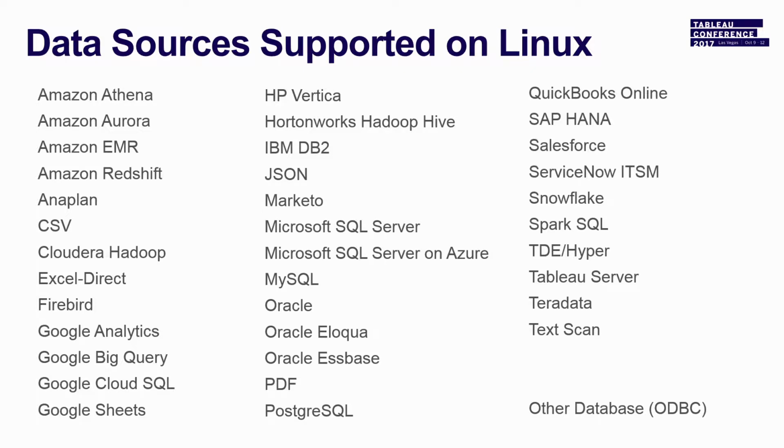We support all the cloud-based ones, including Google BigQuery and applications like Salesforce and ServiceNow. We support one cube, Oracle Essbase, and one JDBC, Amazon Athena. And more importantly, we support a lot of relational databases through ODBC drivers, like Microsoft SQL Server and Postgres. We will be focusing on such connectors in today's talk.